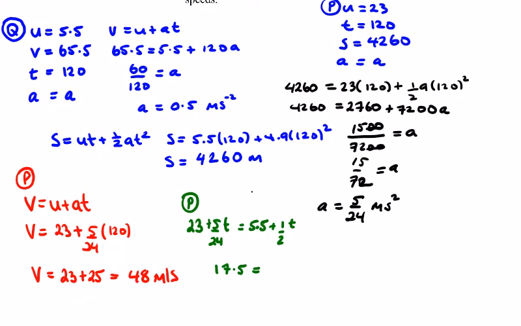So that's 12 over 24 minus 5 over 24, 12 minus 5 is 7. It will be 7t over 24. So I put my 7 here, and I get t. It works out to be 60 seconds.